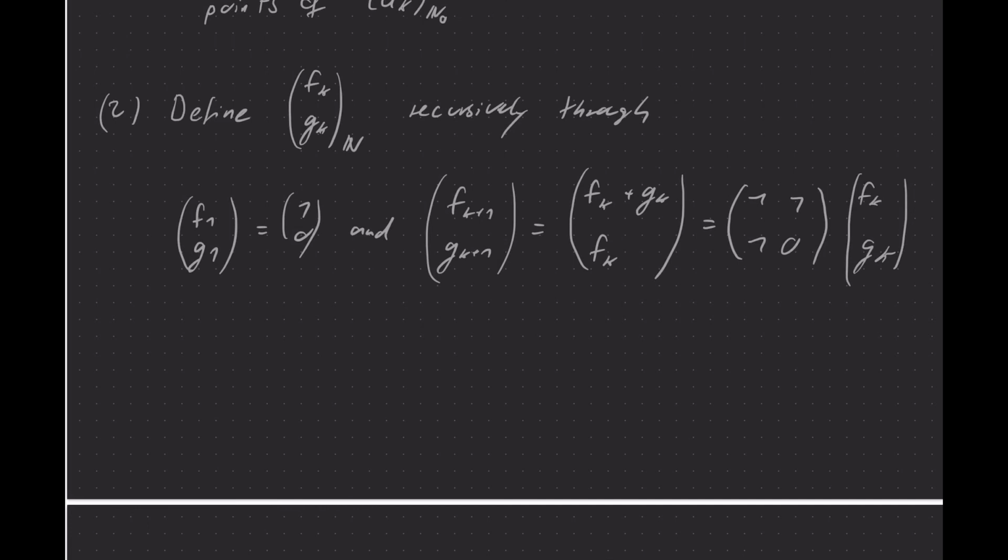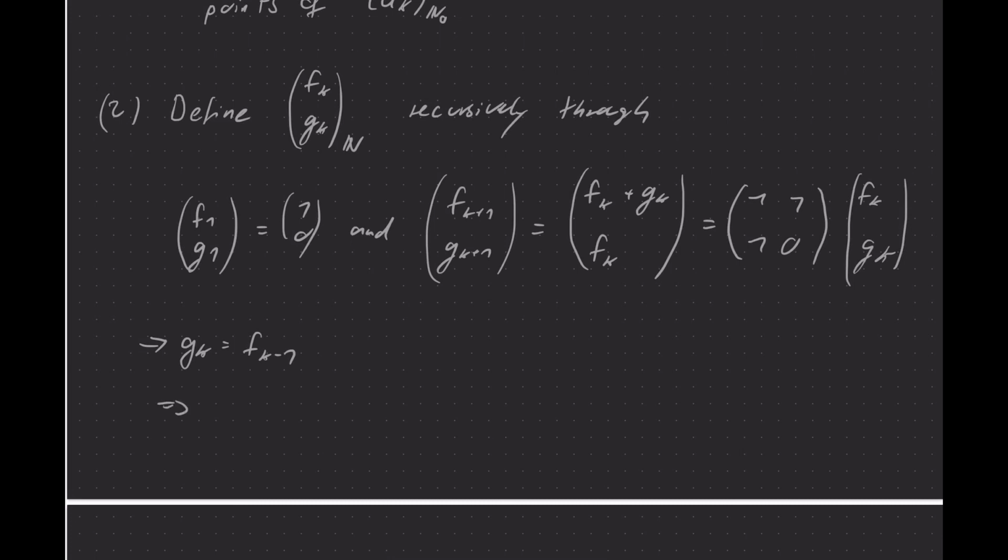Now, if you look a little closer, then what you get here is basically the following. The G_k is the same thing as F_{k-1}. It always lags behind by 1.